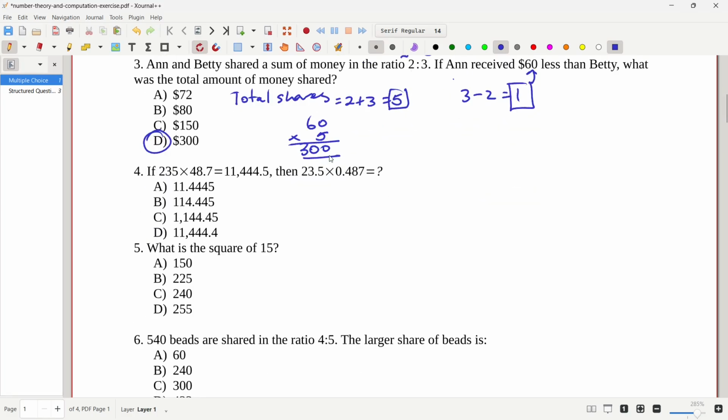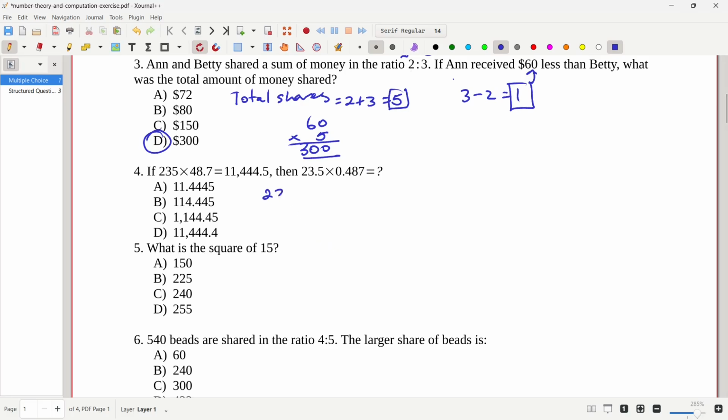Next one: if 235 times 48.7 is equal to 11444.5, then 23.5 times 0.487 is equal to what? In this question, all we have to do is look at how many times we shift the decimal places.